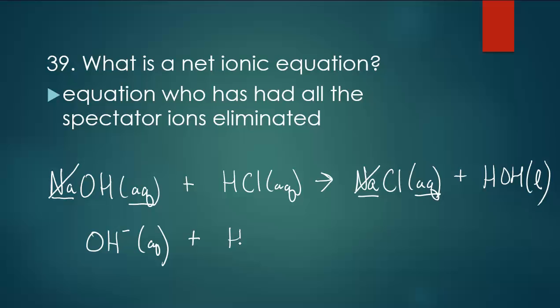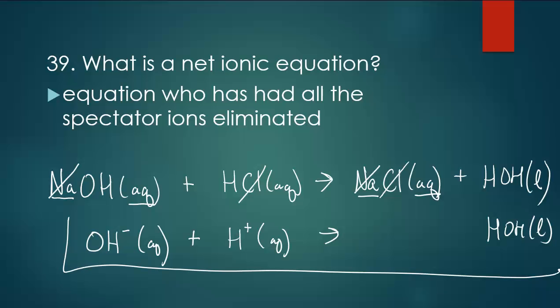What is the charge on H? Cl, aqueous. Cl, aqueous. We are the ions that don't do anything. Okay. So this is called a net ionic equation.